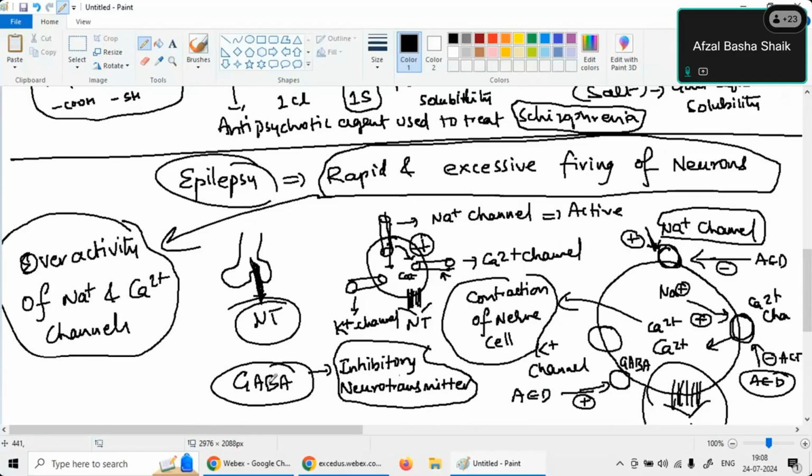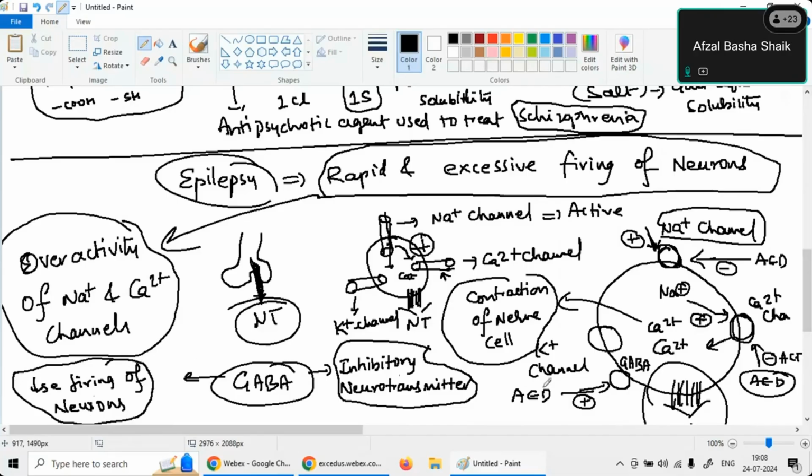As it is an inhibitory neurotransmitter, it will decrease firing of neurons. It will decrease the firing of neurons.